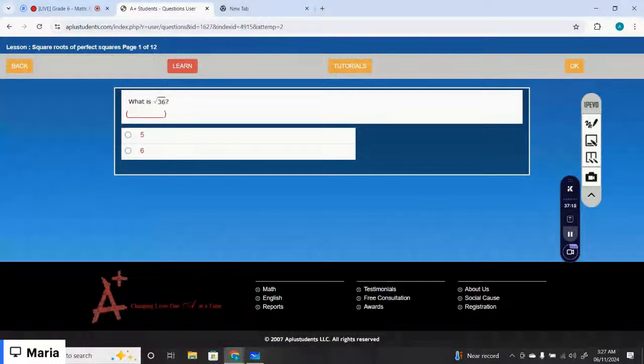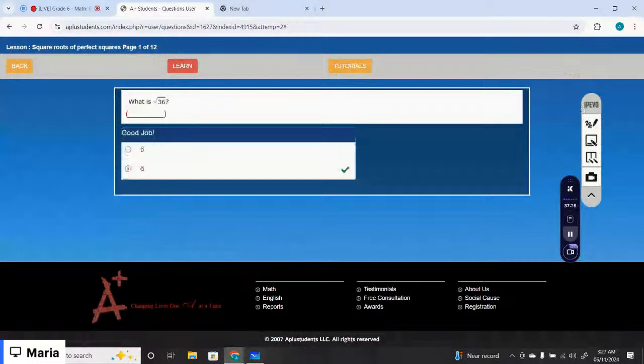The correct option is 6, right? Square root 36 equals 6 because 6 times 6 makes 36. So square root 36 is 6.